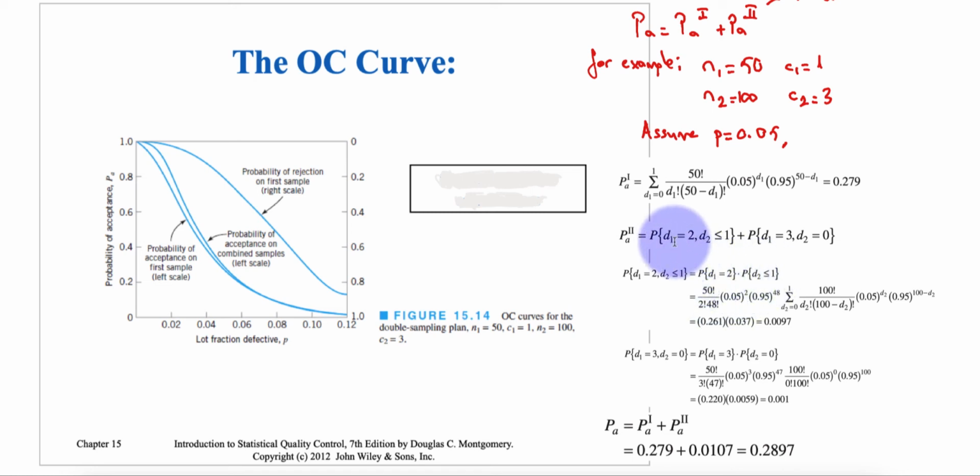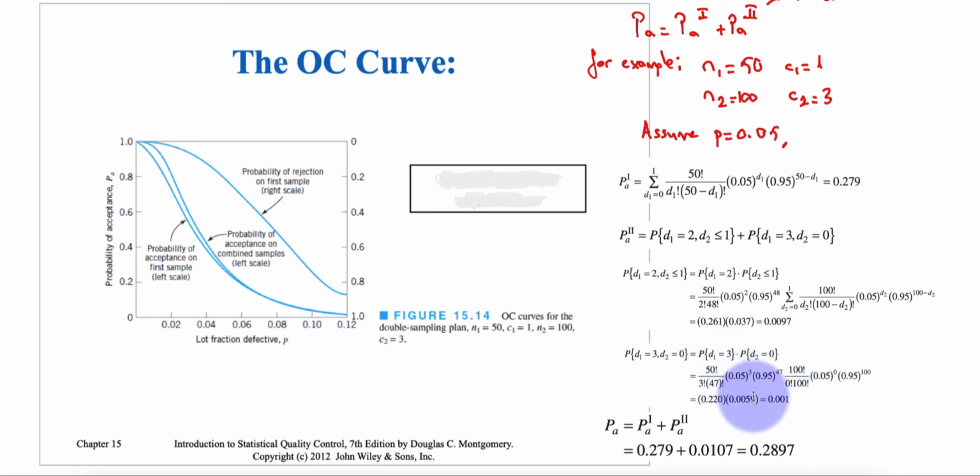For the first case, when D1 is equal to 2, we take that calculation. For the second term of the first case, when D2 is lower than 1, we use the cumulative distribution formulation. Then we calculate the probability of acceptance for that case. For the second case, D1 is equal to 3 and D2 is equal to 0, and we calculate the probabilities of these events using the binomial distribution mass functions.